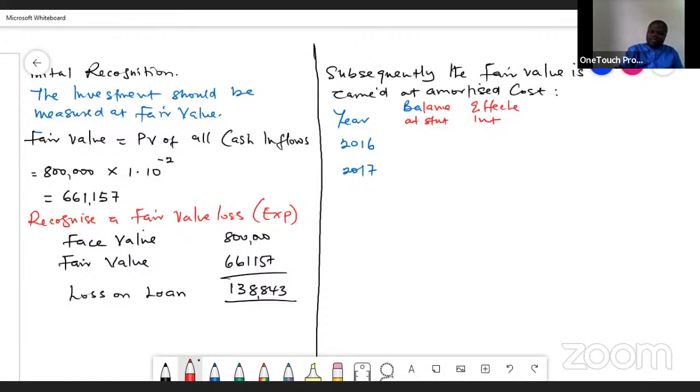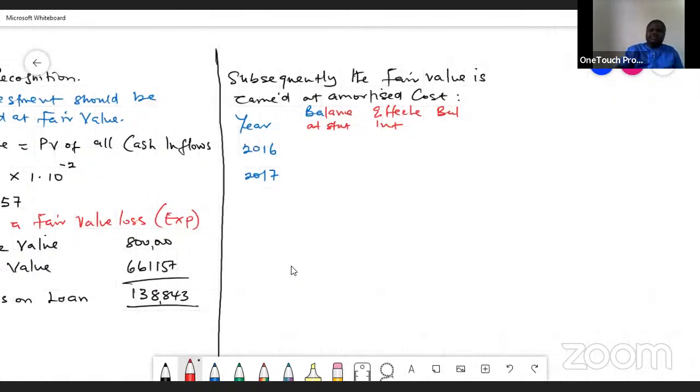There's nothing like nominal. So balance at year end. That will be 661,157. Please, what's the effective interest?